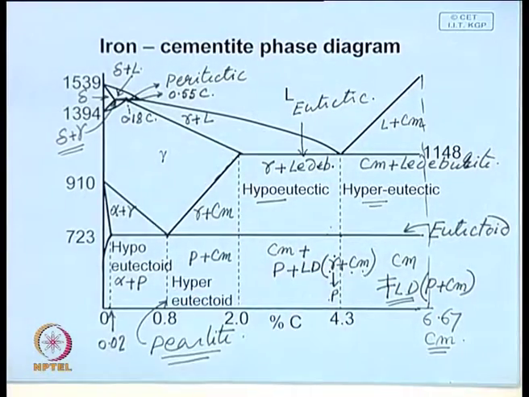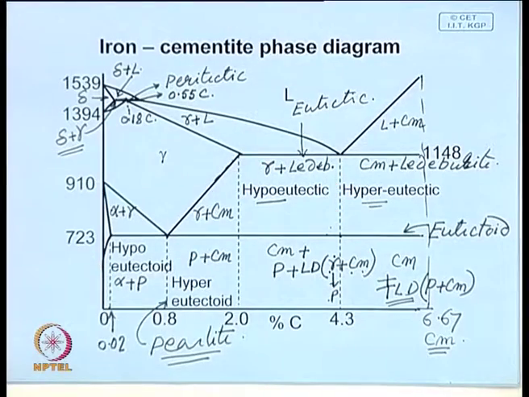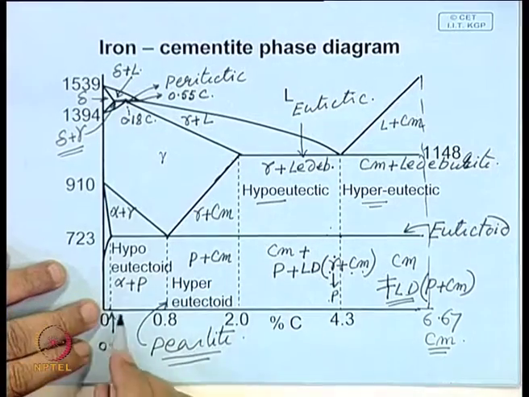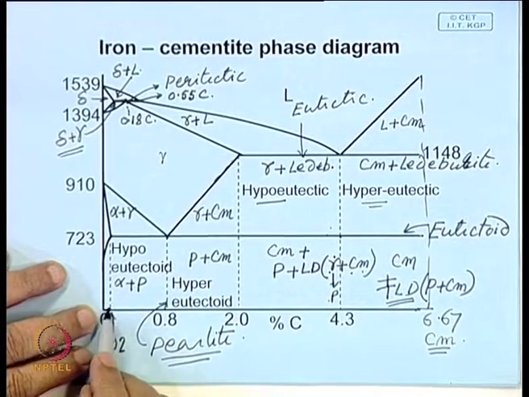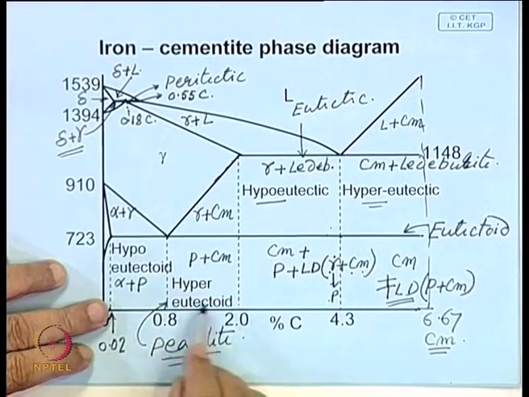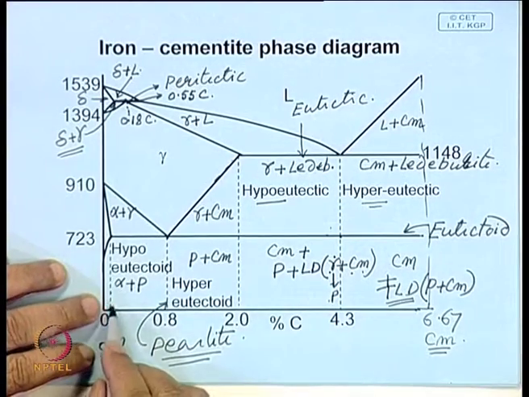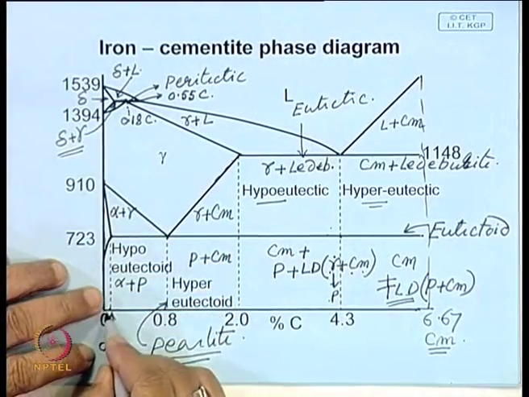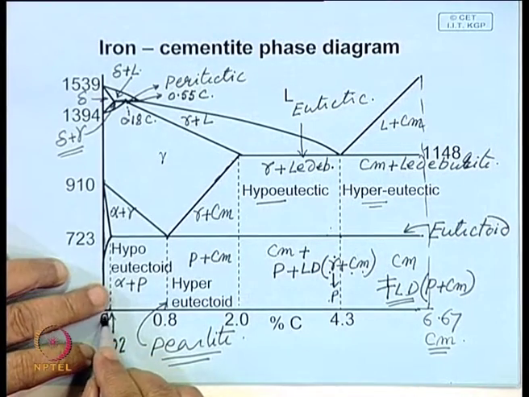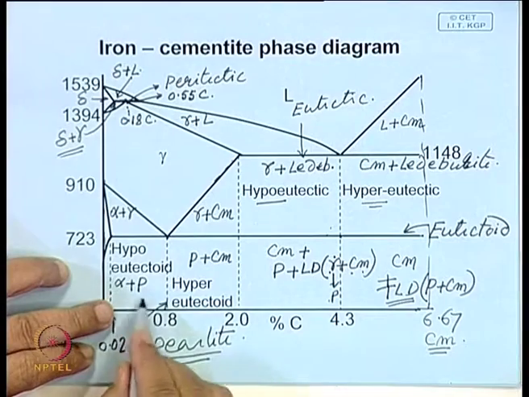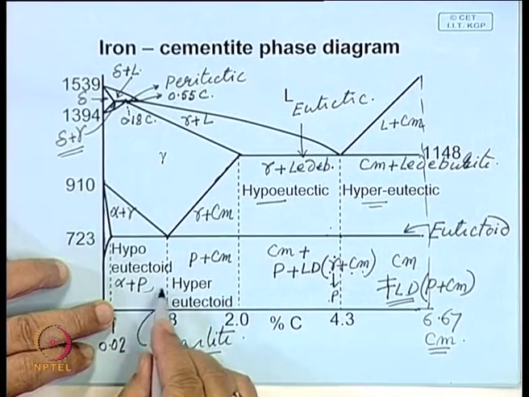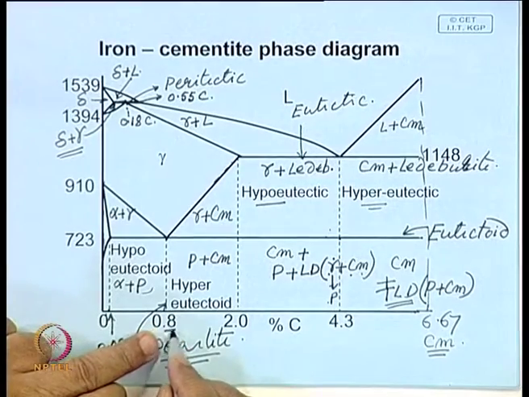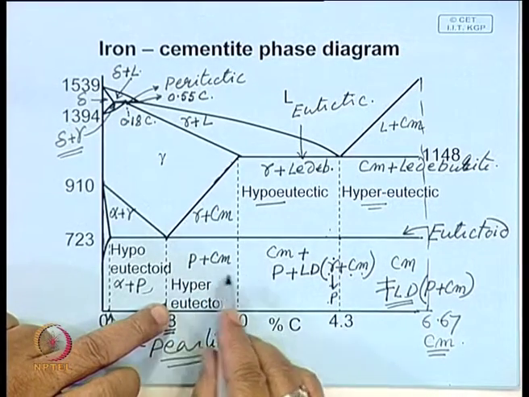So, this diagram gives you a picture of what type of structure you are likely to get at room temperature in an iron carbon alloy. As you increase the amount of carbon, let us say from a very small amount to a very large amount: when it is nearly 0, it will be pure ferrite, a single phase structure, and when it exceeds a particular amount, you will get some amount of pearlite, ferrite plus pearlite. Then when it exceeds 0.8% carbon, it will be pearlite plus cementite.